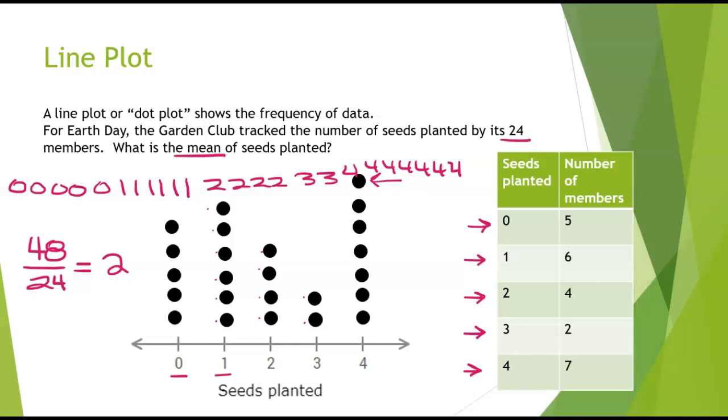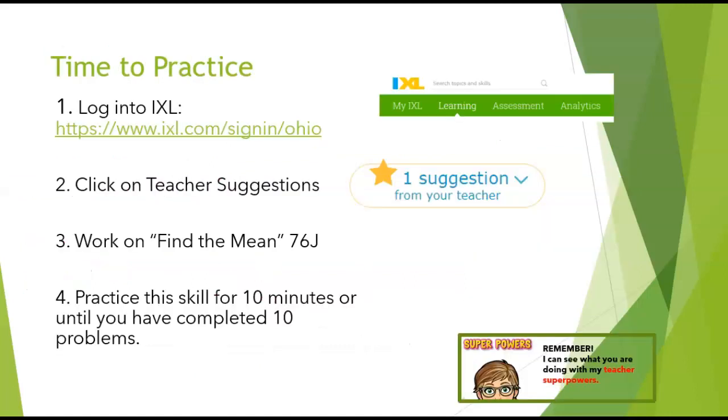All right. Line plots, we'll get more into line plots a little bit later in our unit, but I just wanted to show you that you can find lots of information by looking at these line plots and dot plots. So your assignment today is in IXL. Sign into your IXL and go to your teacher suggestions, and you're going to find the mean of the data.